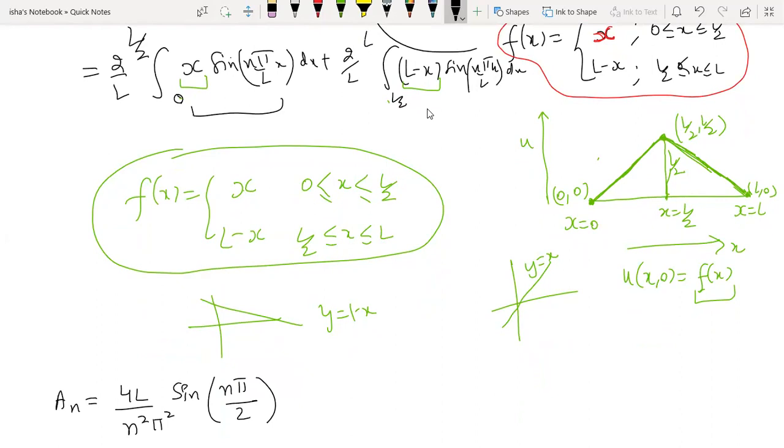Here also you have to use integration by parts one time, and in this integral also you have to use integration by parts. But after substituting the limits, in simplified form, this will be the value of an. And here also, you have to take care of those things which we used to take care of while computing the Fourier series. The denominators should not be becoming 0. In the denominator, what is coming? n square.